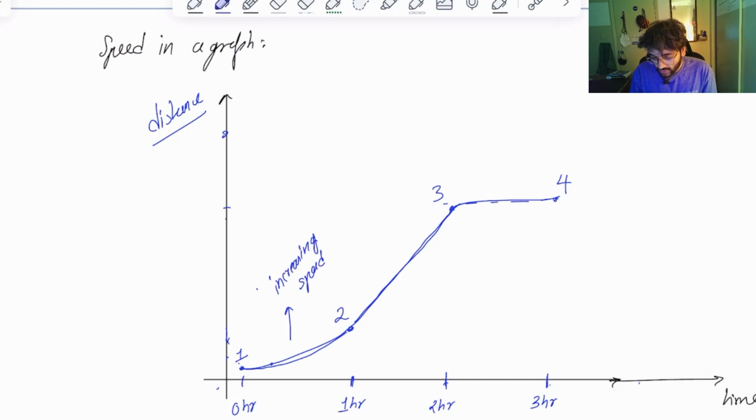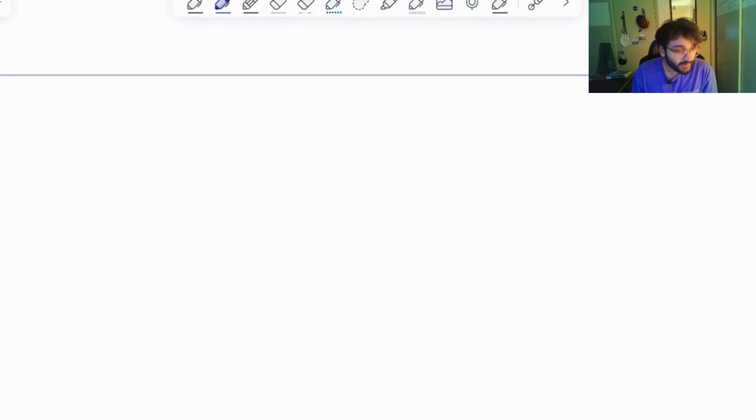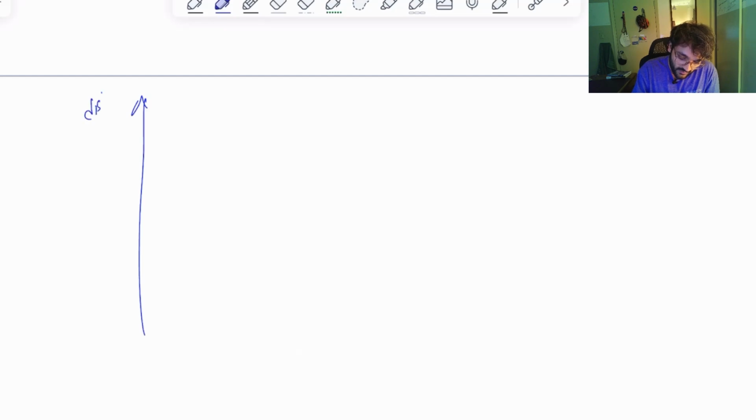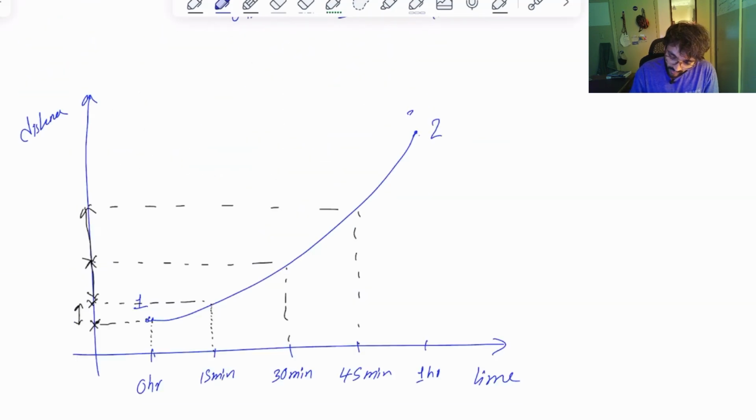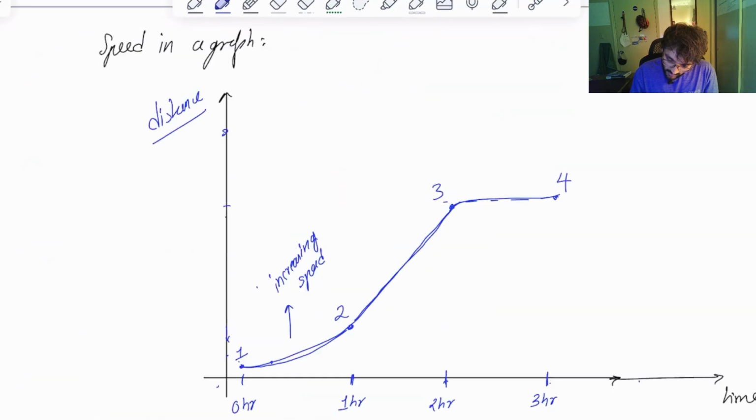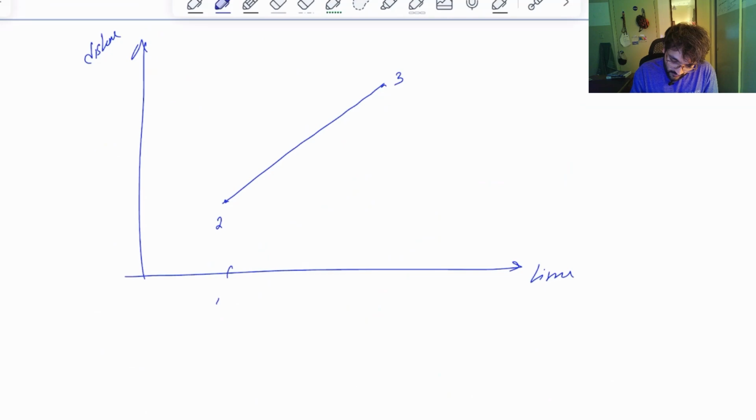Okay. Now let's look at region number 2, 3. If I make the big graph for only region number 2, 3, so this is distance, and that's time, and this is for region number 2, 3. So 2, 3 is from 1 hour to 2 hour. Okay, so that's 1 hour, and that is 2 hour.